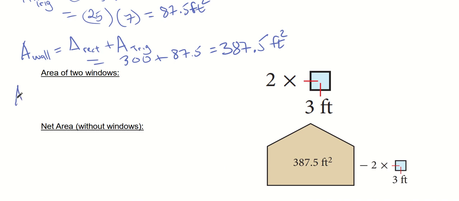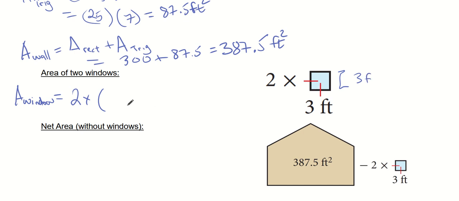Windows. There are two windows, so we're going to multiply by two. Each is a square, so each side is 3 feet. So 3 feet by 3 feet, because this over here is also 3 feet.